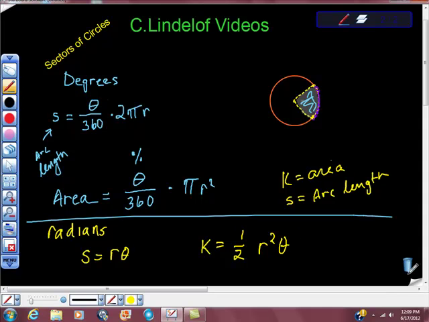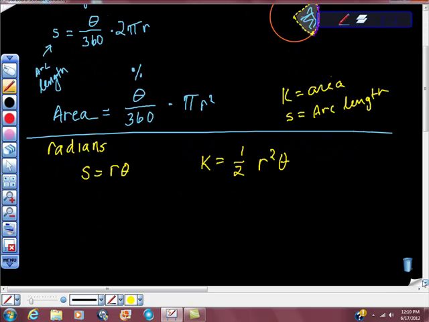So some of this is memorization. Actually, everything we've done so far is memorization, but the application of this is really, really cool. Sometimes we put these two together. Let's call this formula A, and let's call this formula B. If we put formula A and B together, we'd say K, the area, is equal to 1/2 radius squared theta, which is the same as 1/2 R times theta.